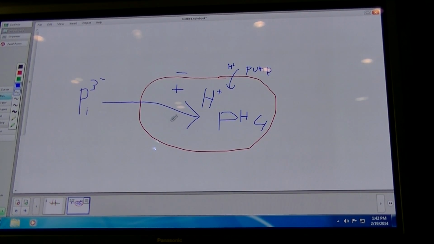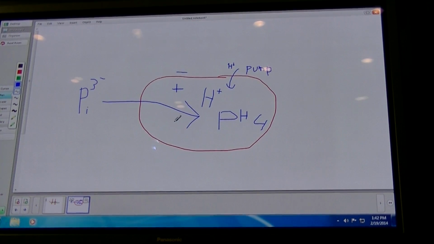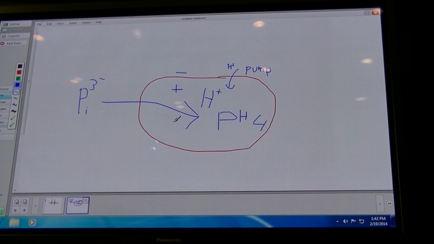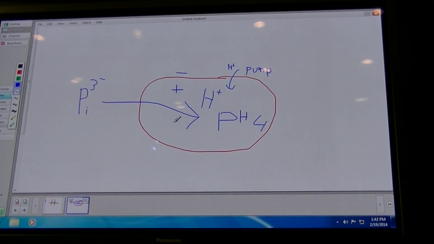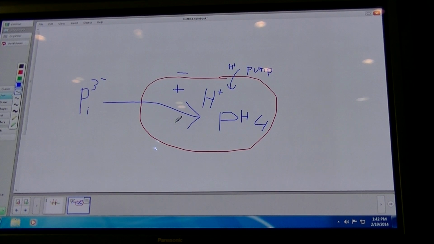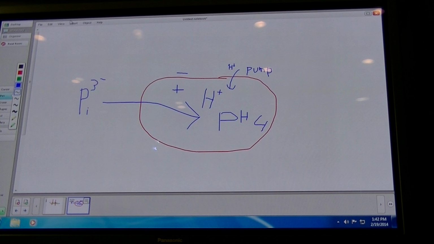If phosphate accumulates in the vacuole, that means if the concentration in the end is higher in the vacuole than in the cytosol, would that movement of phosphate be favored by its own concentration? Probably not. But if we think about the effect of the membrane potential here, and the fact that phosphate has so much charge, would it be possible to use a uniporter to get the phosphate in?